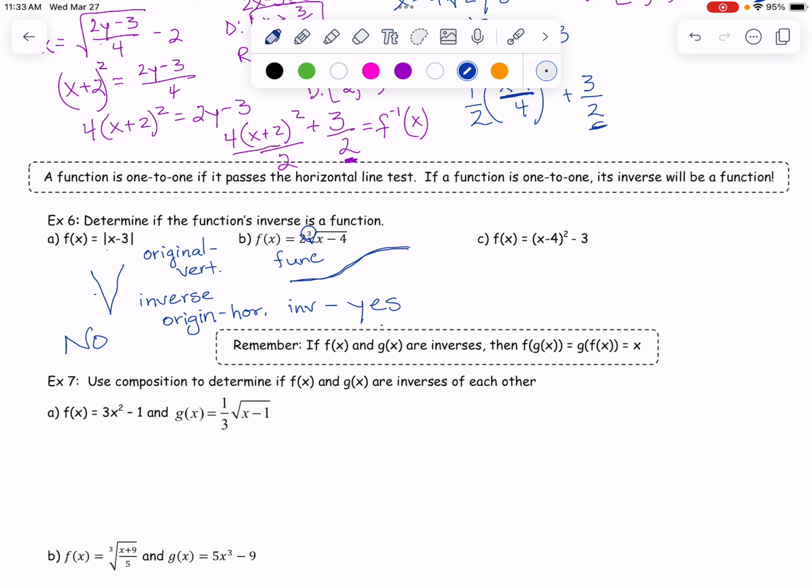So both of those are functions. This quadratic is a function. And unless I restrict my domain on my quadratic, because the inverse is going to be a square root, the inverse is not going to be a function.